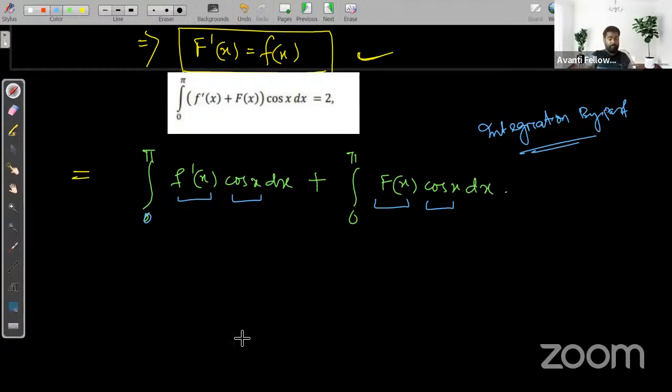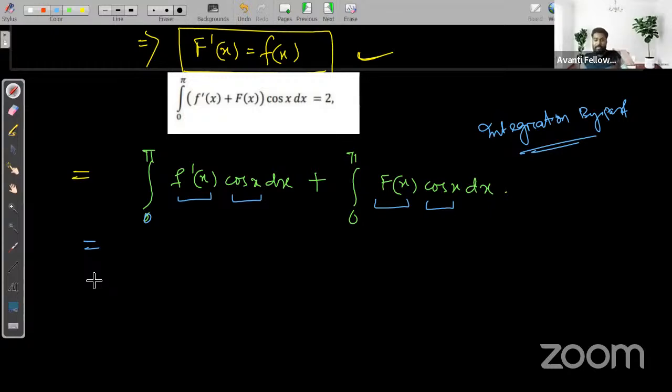So let's solve. Okay, for the first integral, which function should we take as the first function and which as the second function? That is important.